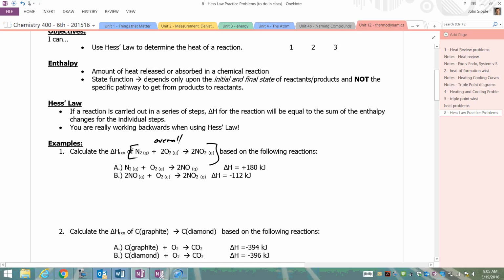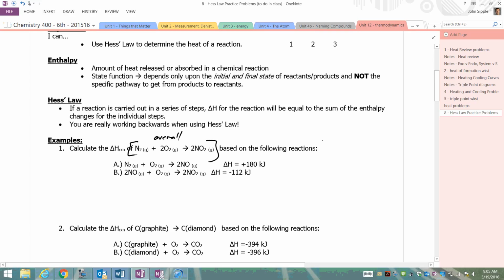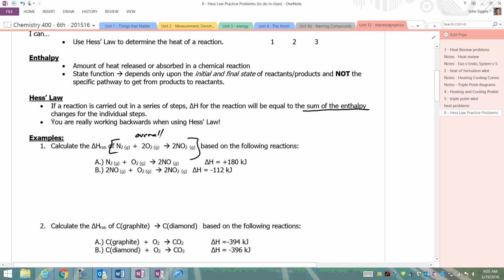So if we look at these reactions, maybe I'll put over here: the sum of the enthalpy of the individual steps gives us the overall delta H for the reaction. So we're going to add up these separate parts, these separate puzzle pieces, and we might have to manipulate the puzzle pieces as we go in order to add them together to get to that overall reaction we're trying to get to, okay?